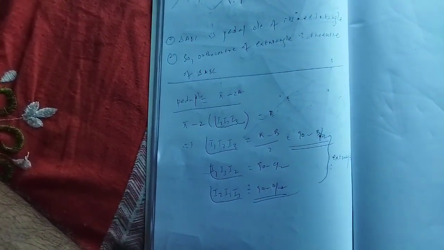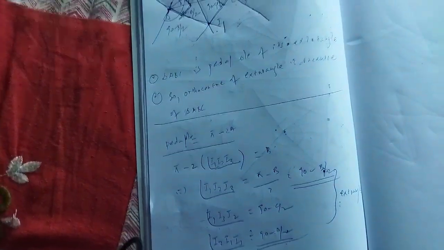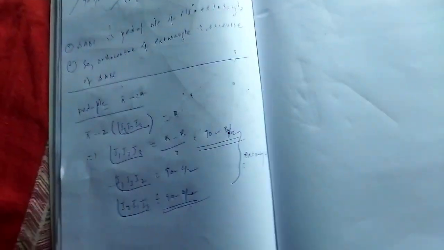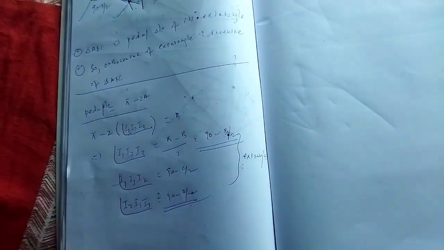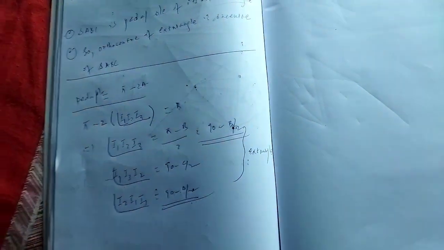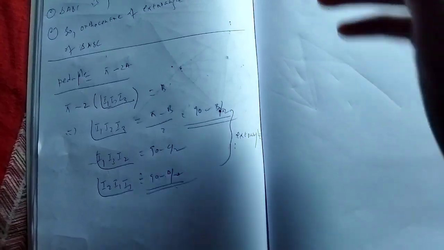And we also can find the sides of the X triangle like this.